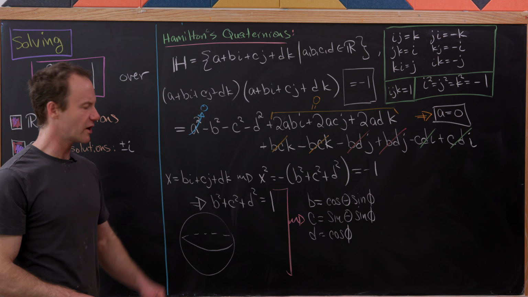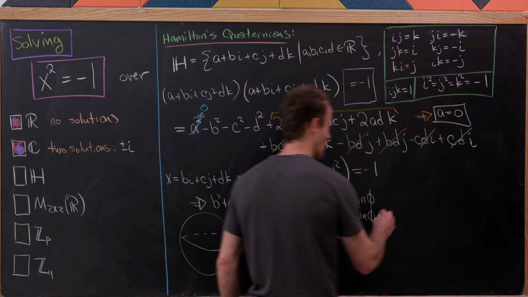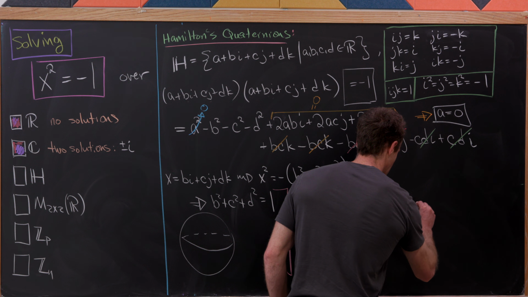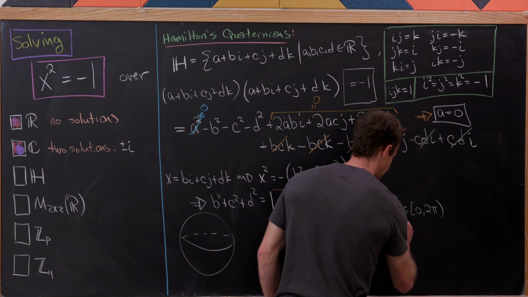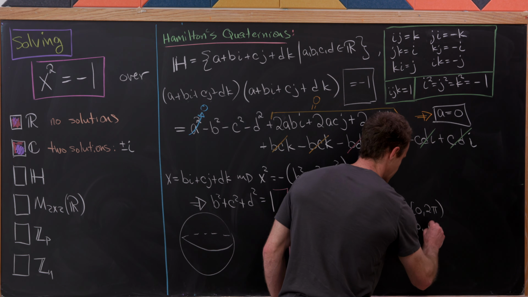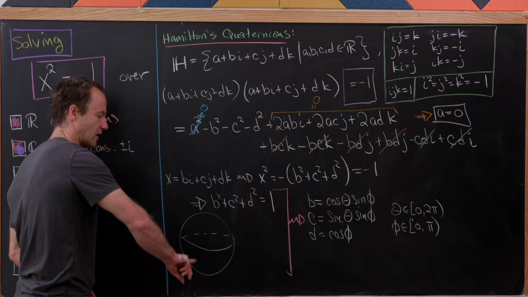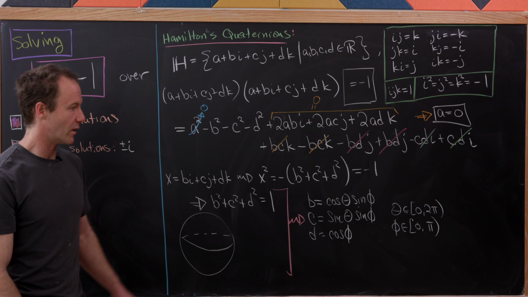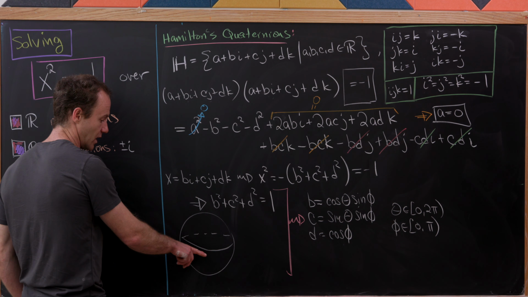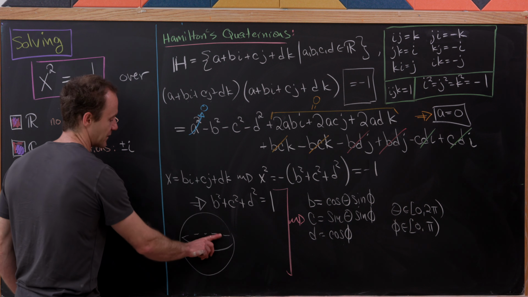And you might say, well, what are the allowable values of theta and phi here? Well, theta will go from 0 to 2 pi, and then phi will go from 0 to pi. And let's just recall that theta was like the angle around maybe the equator, whereas phi was the angle up from the South Pole.